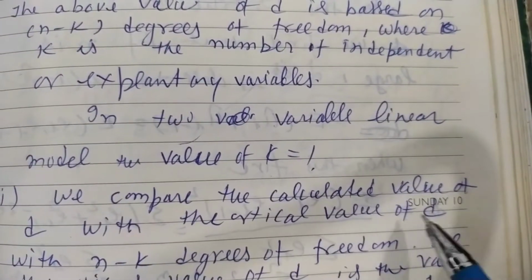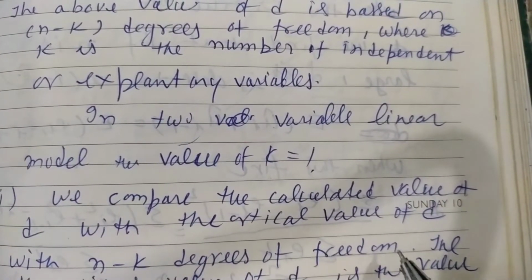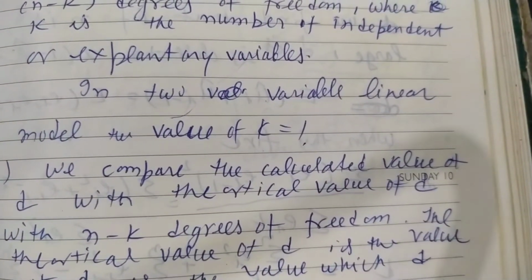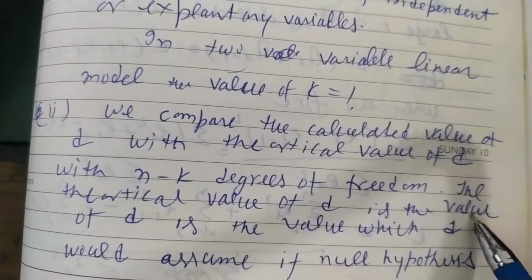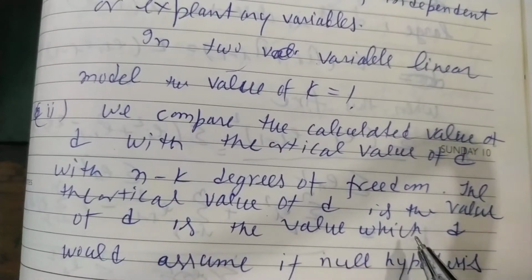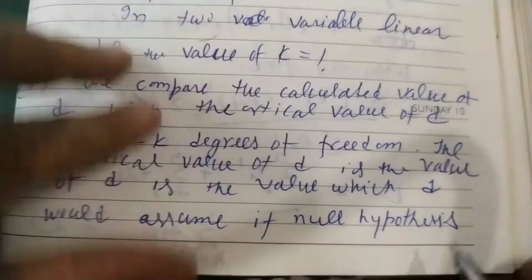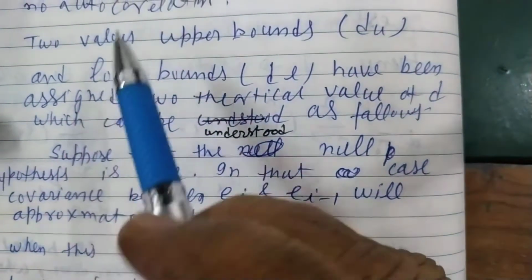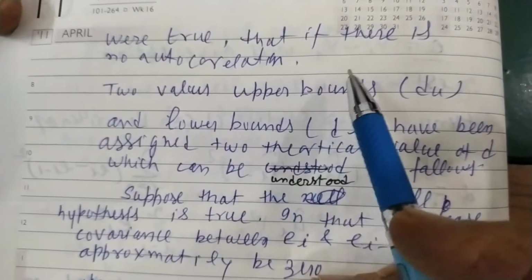If we compare the calculated value of d with the theoretical value of d with n minus k degrees of freedom, the theoretical value of d is the value which d would assume if the null hypothesis were true, that is, there is no autocorrelation and the null hypothesis is accepted.